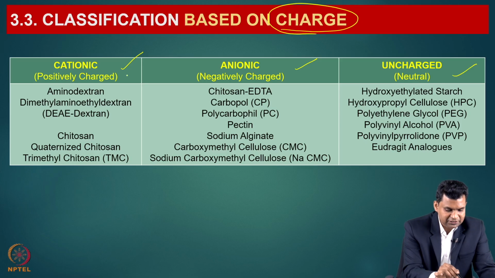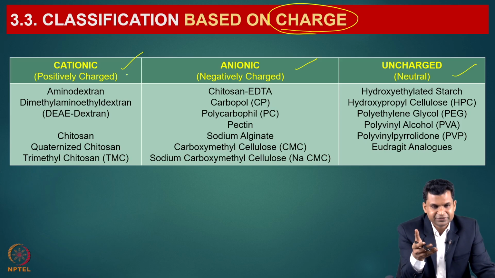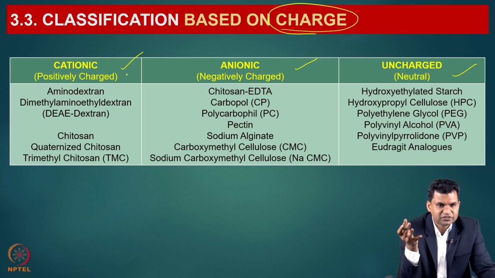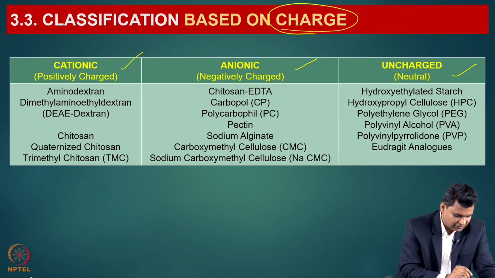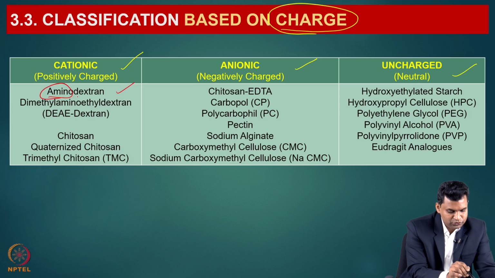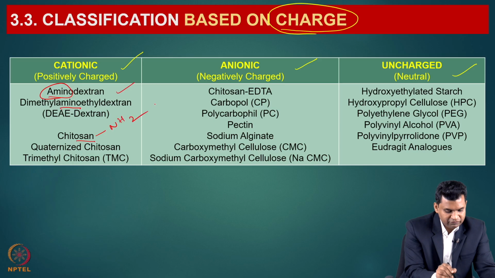So, positively charged polymers, after dispersion into the medium or aqueous system, will show positive charge on the surface. The aminodextran, which contains amino groups, and even chitosan, which contains NH2 groups, will give the positive charge, as do quaternary chitosans and trimethyl chitosan.